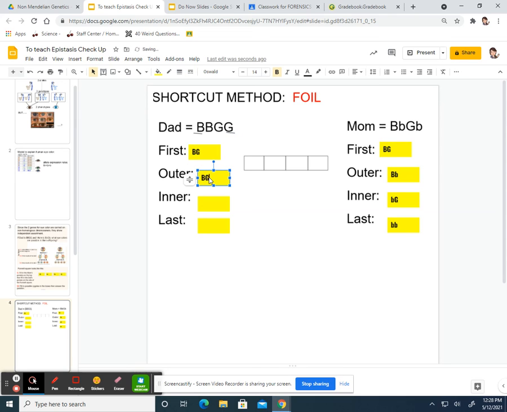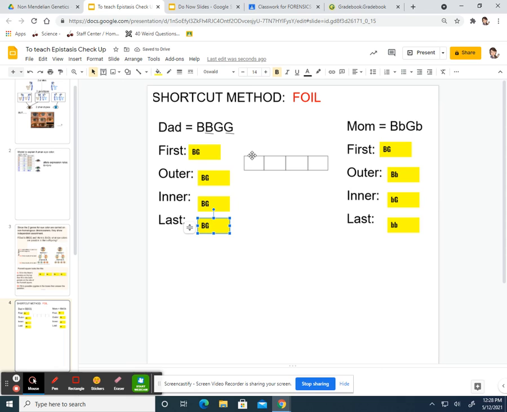There's not too many options here. The inside would refer to this big B and this big G. And the last would refer to this big B and the last allele here, big G. So Dad really only has one option for his gametes, right?